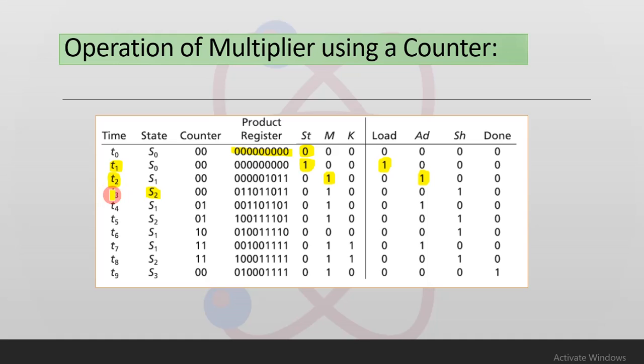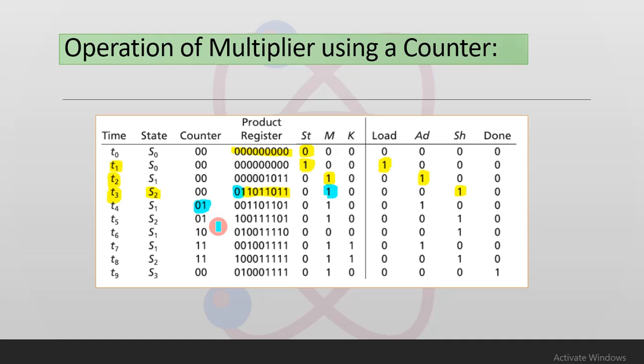So at the time t3, the SH signal is generated and a shifting will occur. So you can see here, this part is the result of the addition process and this is the 8th bit position which is equal to 0. And in this case, M will be equal to 1 and the counter will be incremented from 00 to 01.